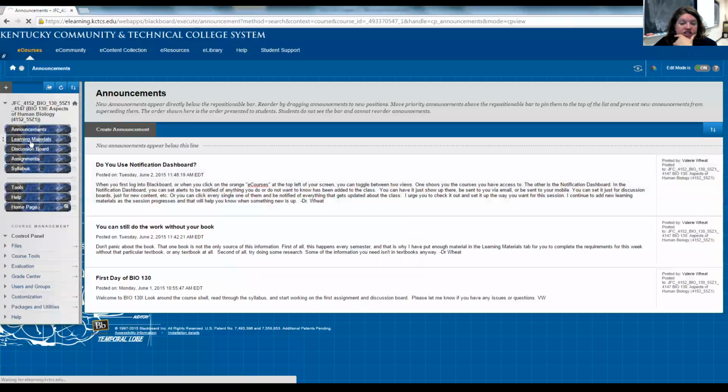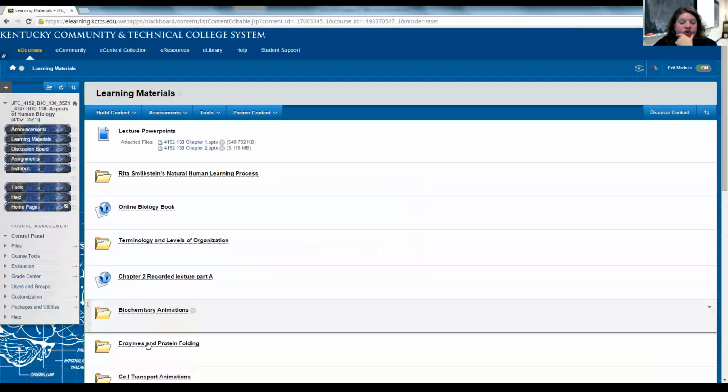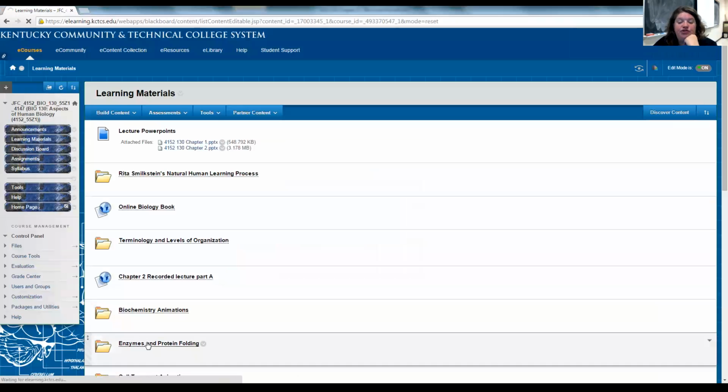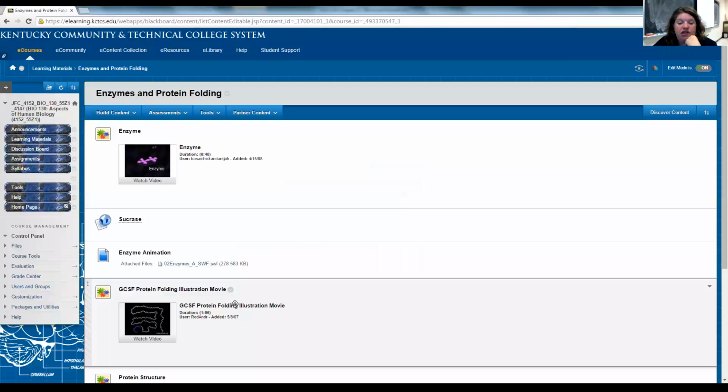So in the Learning Materials tab of your course, we have a whole folder on enzymes and protein folding animations. The particular one that I want to show you is this GCSF protein folding illustration movie.